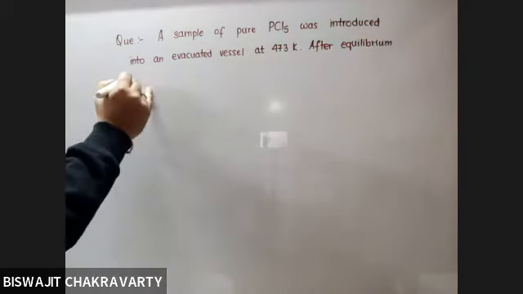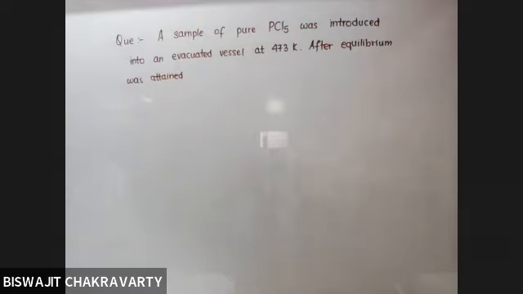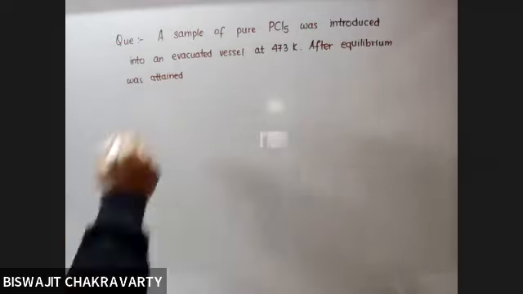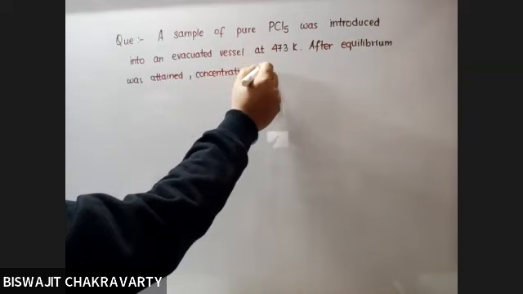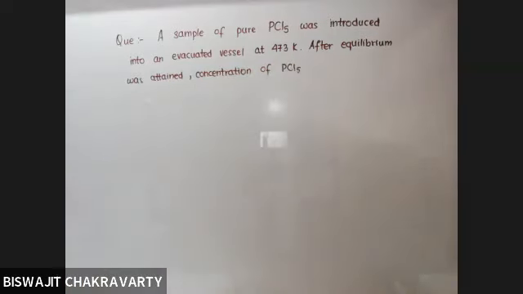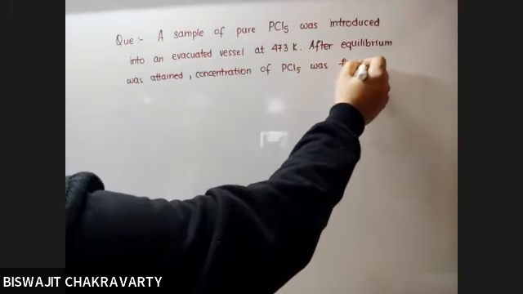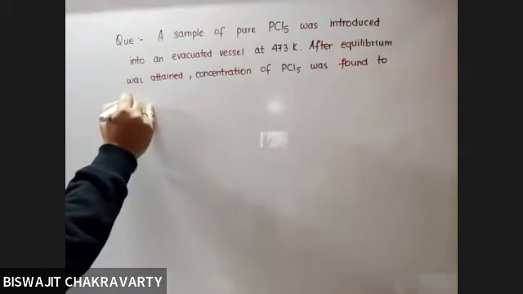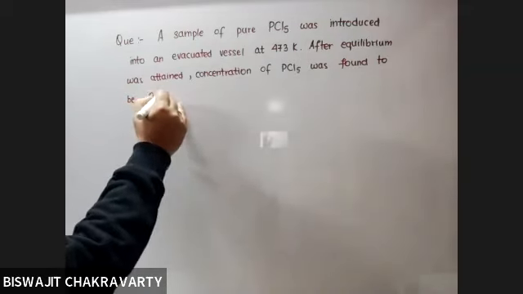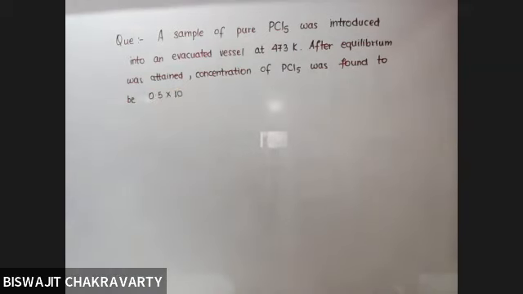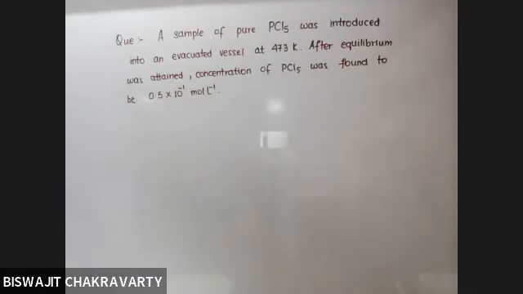After equilibrium was attained, the concentration of PCl5 was found to be 0.5 into 10 to the power minus 1 moles per liter.